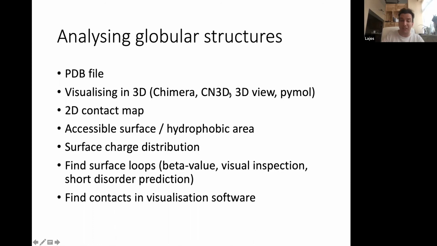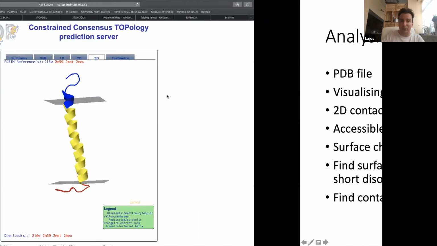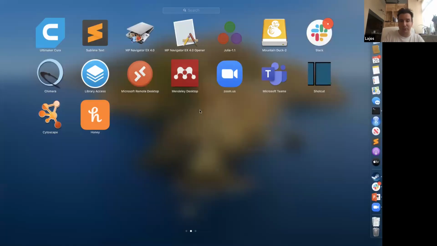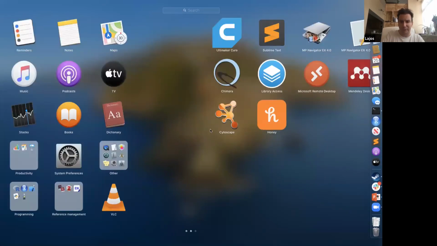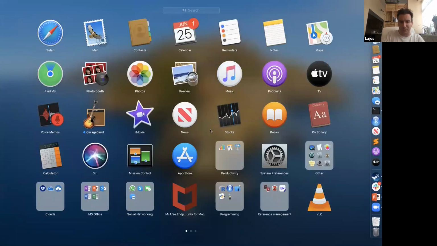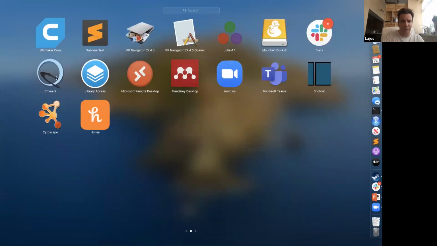There are many different programs. You can visualize on websites or on your own computer. These are just a few of these programs. I almost always use Chimera. I think I can show you how it works. I hope I actually have Chimera. Maybe it's here.